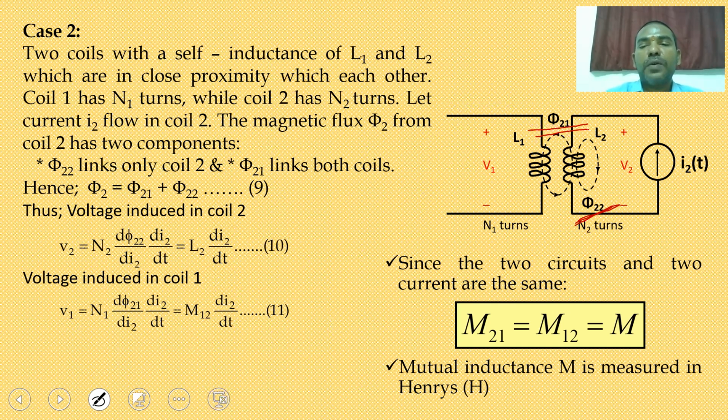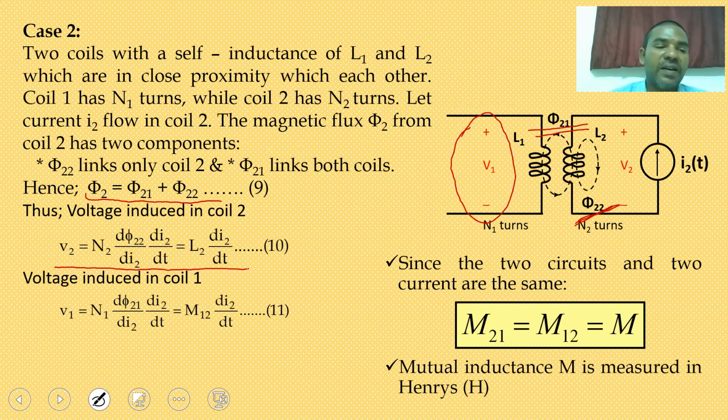Due to this phi 21, the first coil will induce a voltage V1. Now the overall flux phi 2 can be represented as phi 21 plus phi 22. Then coming to the KVL equations, the voltage V2 at the secondary side is equal to the number of turns of the secondary coil N2 d phi 22 by di2 into di2 by dt.